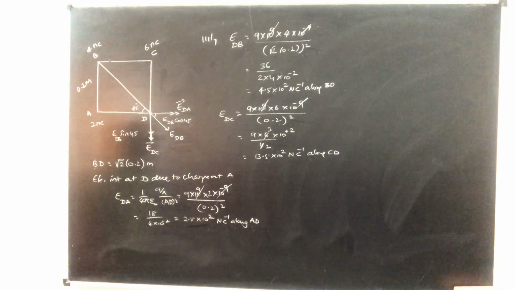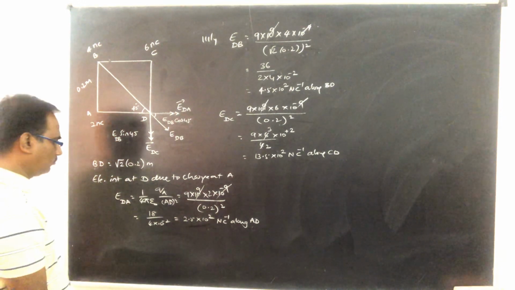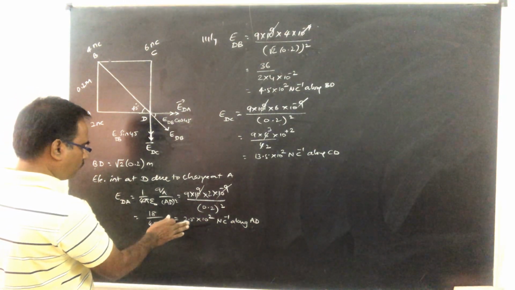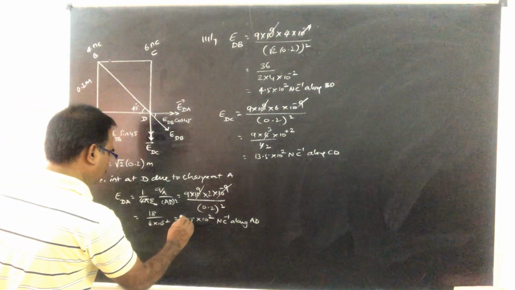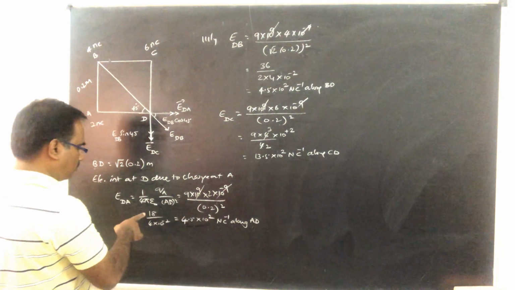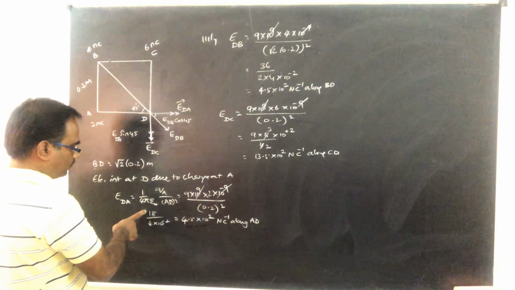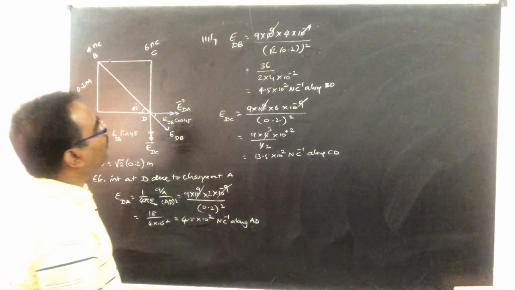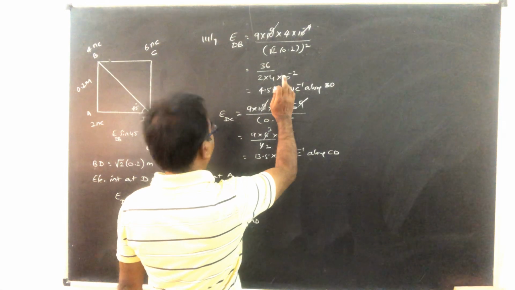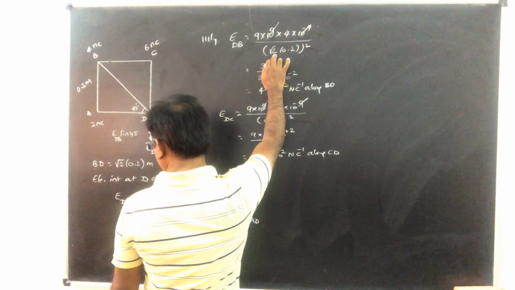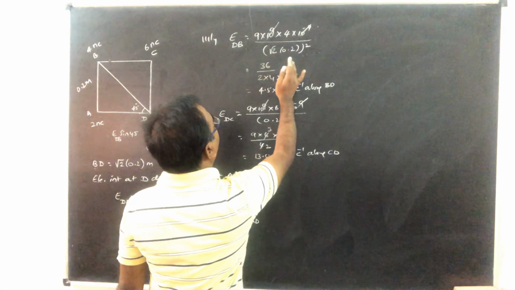So you check those numerical values. So this is 4.5. And this is root 2 into 0.2 whole square.